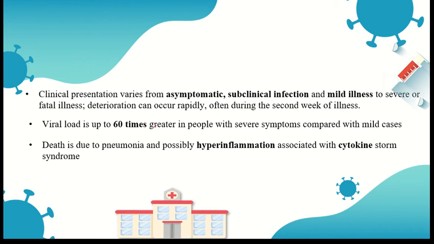Death is due to pneumonia and possibly hyperinflammation associated with cytokine storm syndrome. Now, what is cytokine storm syndrome? Cytokine storm syndrome is a type of syndrome in which a large number of white blood cells are activated and release inflammatory cytokines. It has an adverse effect on some of the monoclonal antibodies.